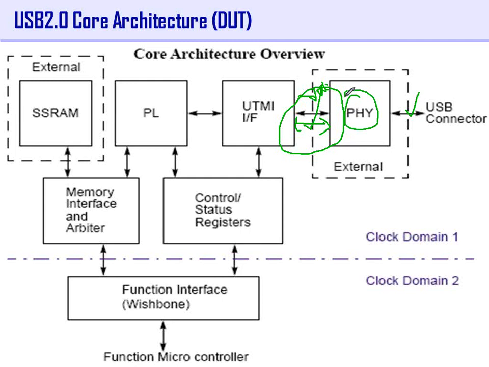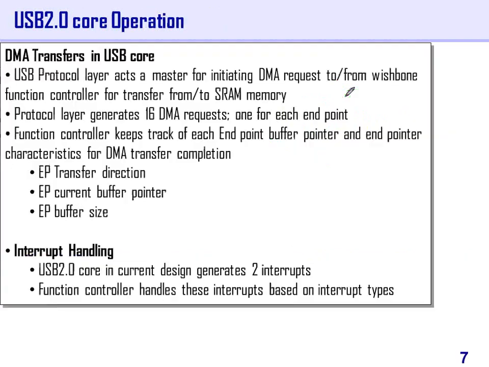The only thing I know is what? SOF means what? PID, frame number, and CRC. Token packet means what? PID, address, endpoint number, CRC. Only those things. There is no sync, no end of packet. But someone who is verifying at the PHY level needs to worry about sync and EOP.